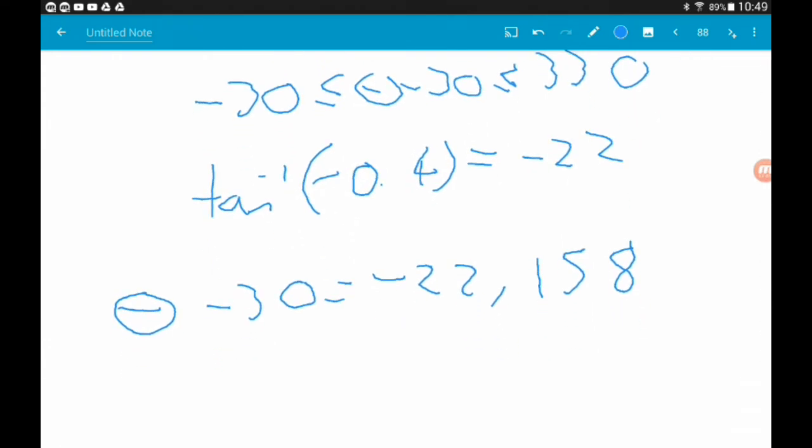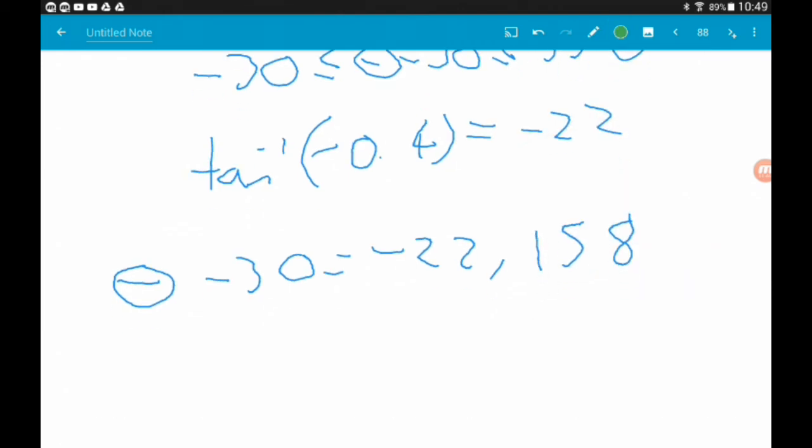Now to get our solutions for theta, we simply add 30 to each of these. So minus 22 add 30 is 8, and 158 add 30 is 188. So there are our two solutions for theta.